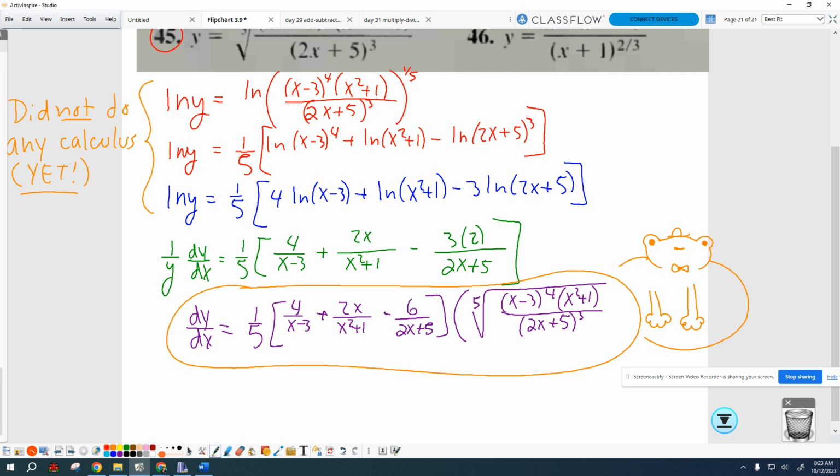I can bring those coefficients down, so I'm not doing power rule anymore, it's just a constant. And the derivative of natural log is just 1 over stuff times derivative of stuff. And I get all these things. And then I gotta multiply by the y in the end, and I get this big gross purple thing, but I got it quickly versus all the yucky, irritating business.